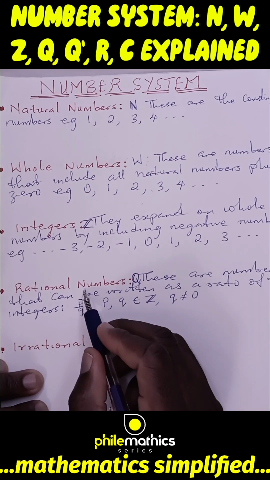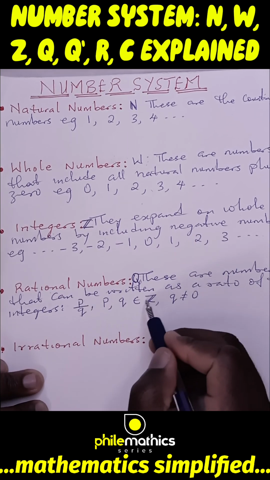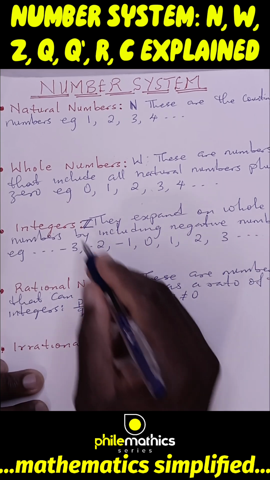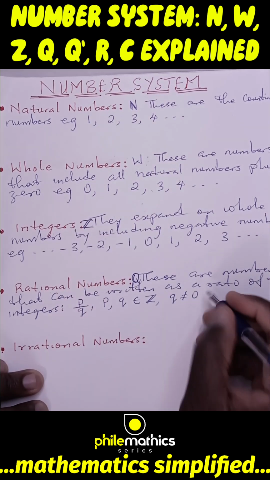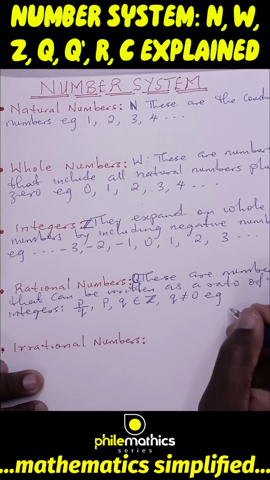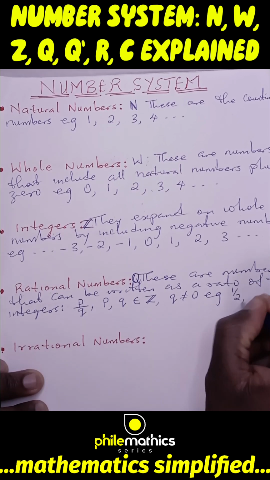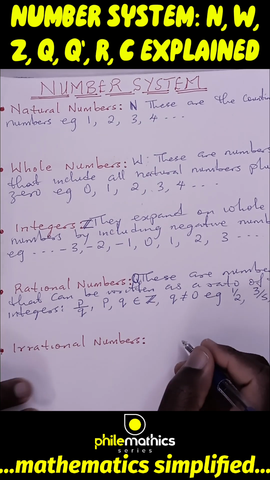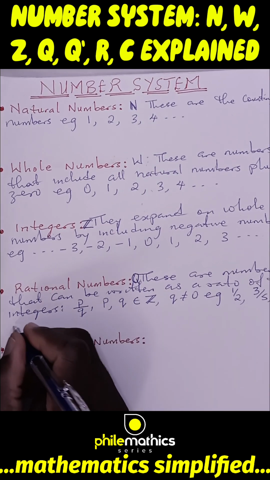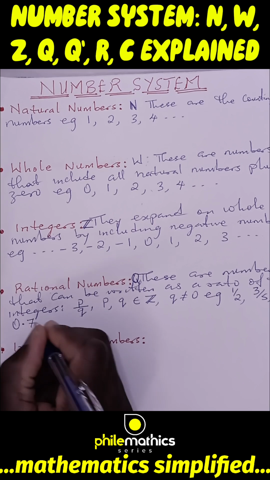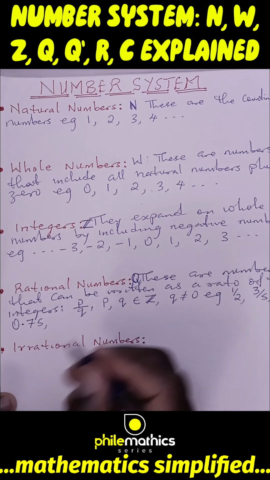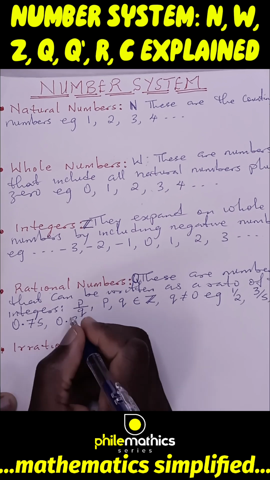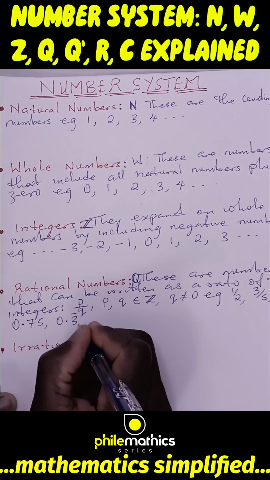So rational numbers are numbers that can be written as a ratio, as a fraction in layman's language, of two integers. Examples of rational numbers are 1 over 2, 3 over 5, terminating decimal 0.75, recurring decimal 0.33333, and we represent it as 0.3 bar.